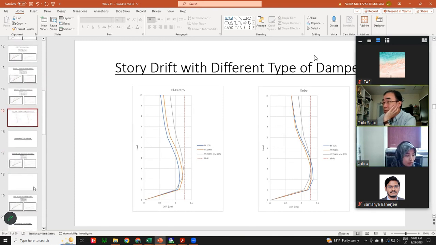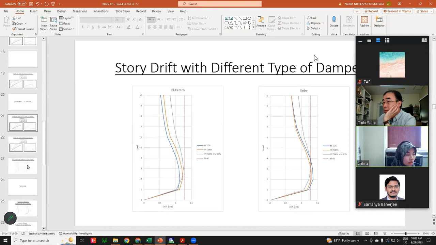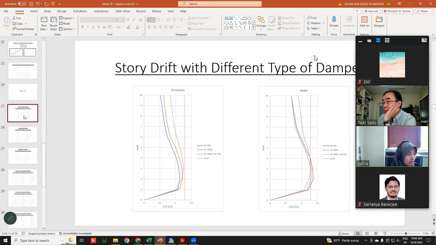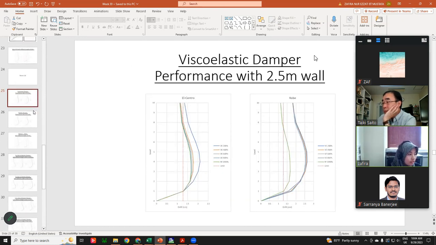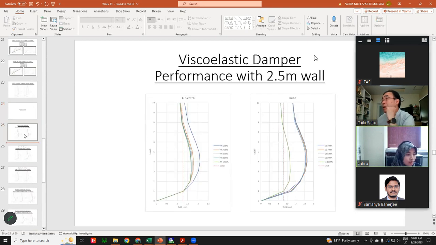And then this week, I try to compare with different story heights. First of all, I forgot to tell you that last week we tried to see the 2.5 meter wall, because the 2.5 meter wall is the weakest building.